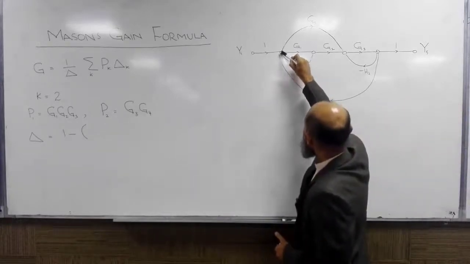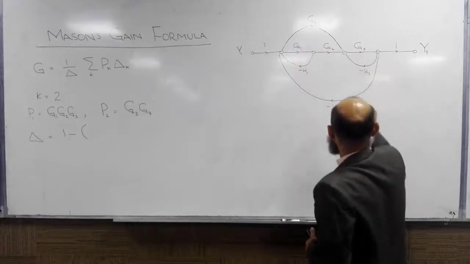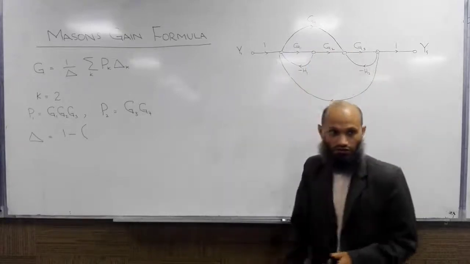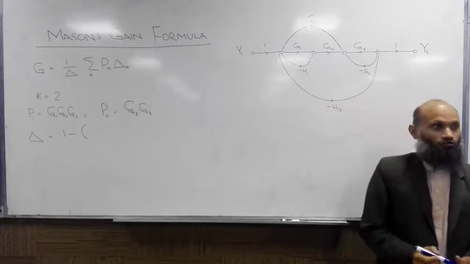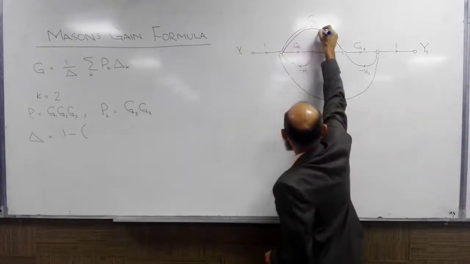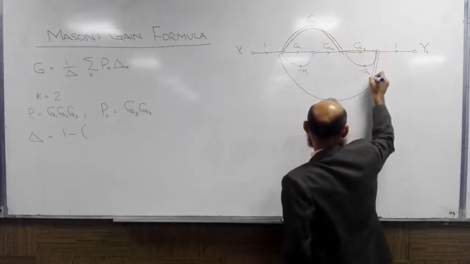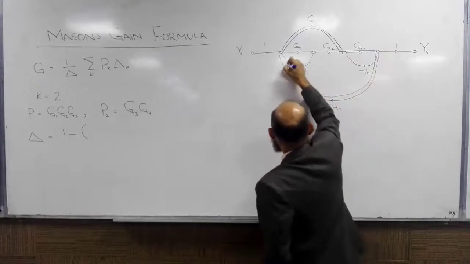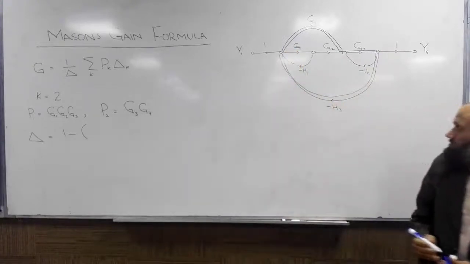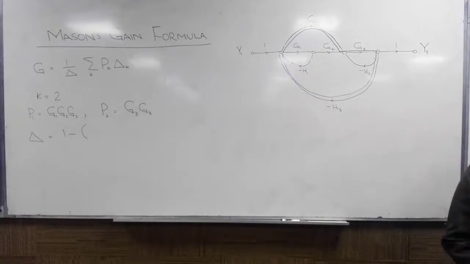Start from here, move in this path, we come back to this point. So there are 4 loops. This one is also a loop. We are moving in the direction of arrows, and we come back to the same point. So there are 4 loops.